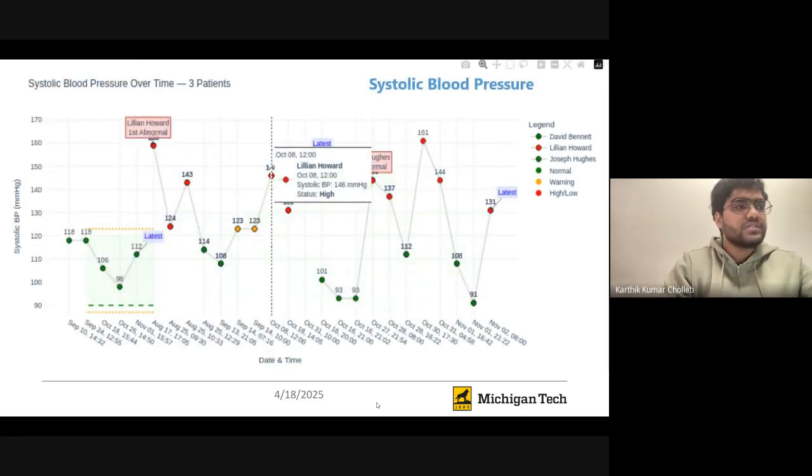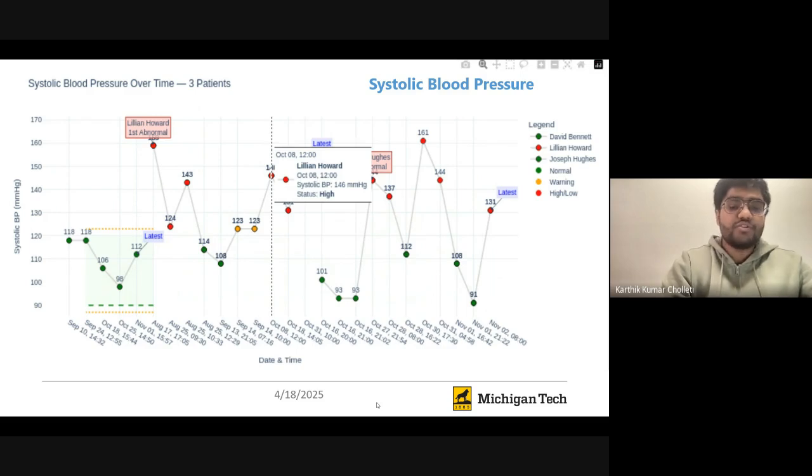This is systolic blood pressure. In this multi-patient view, we compare David, Lillian, and Joseph, three different patients who have systolic blood pressures. Shaded normal zones give context, and each patient's line is color coded.